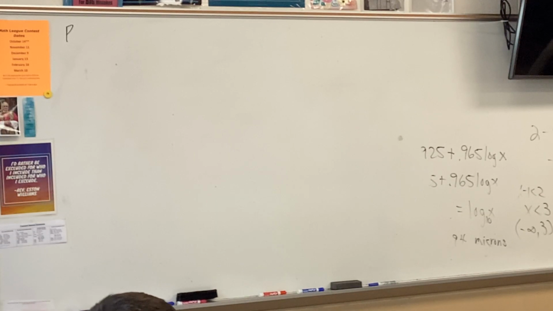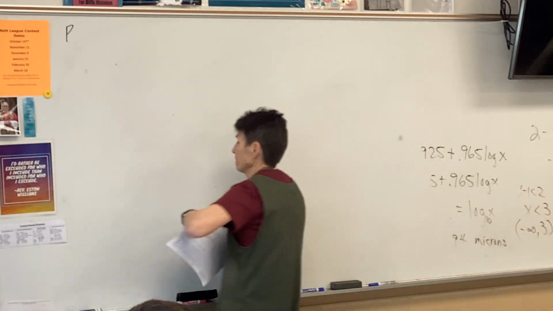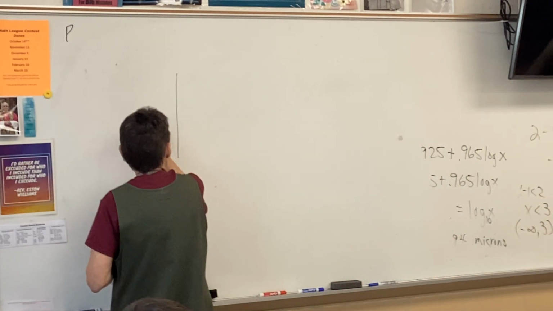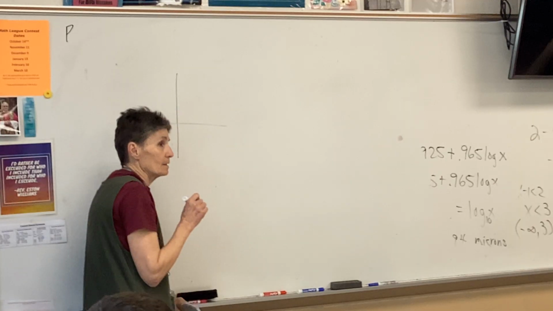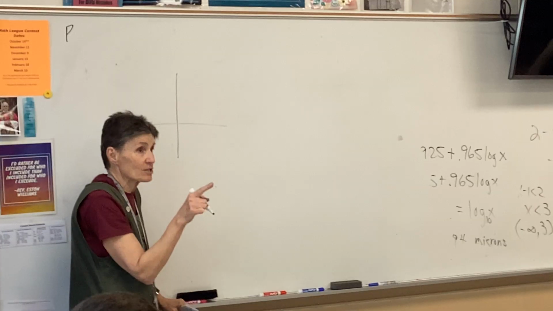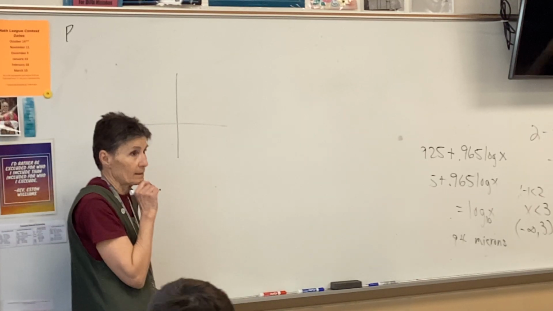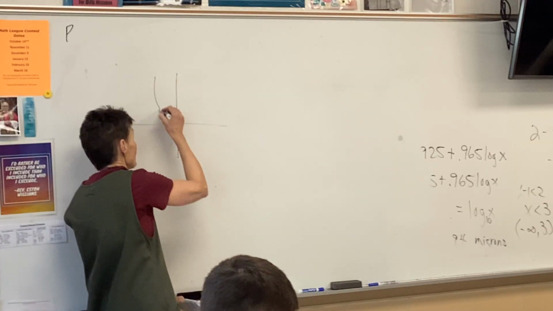So what does negative x to the 5th look like? It looks exactly like negative x to the 3rd. What does negative x to the 3rd look like? This right here.